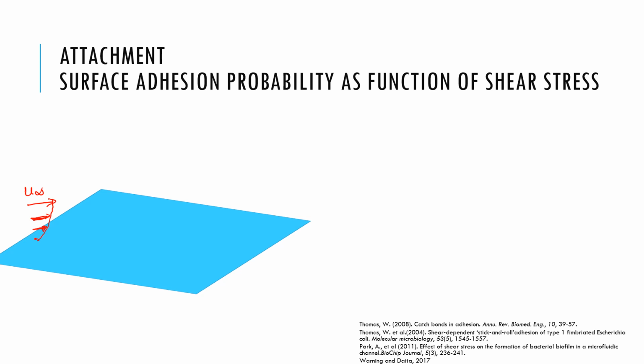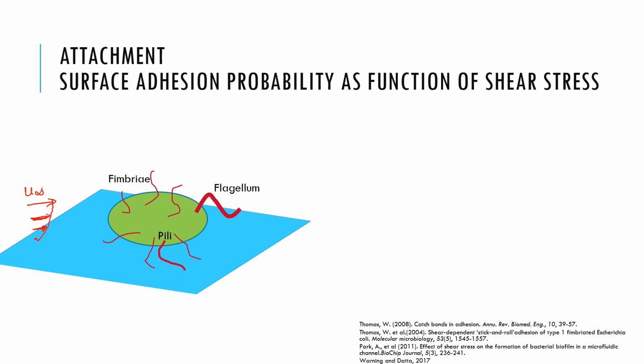And now we think of the bacteria and the forces on the bacteria as it's in the fluid. By thinking of the forces that the bacteria experiences as a particle, we can consider the attachment process of the bacteria mechanistically.